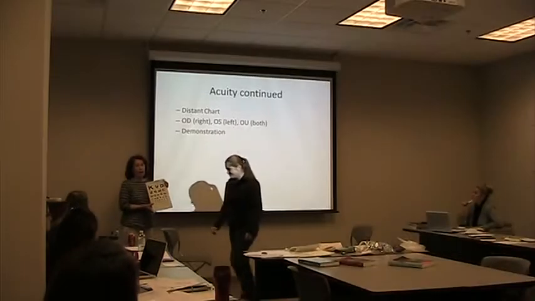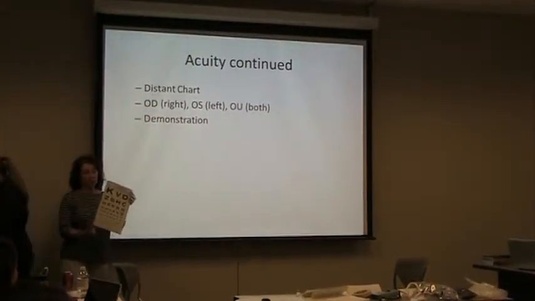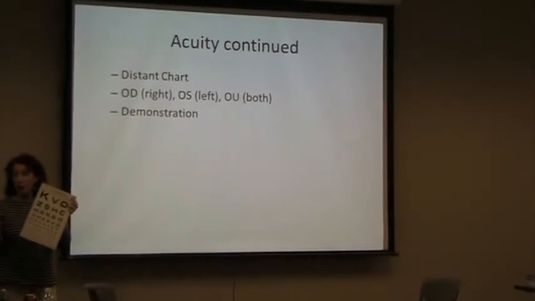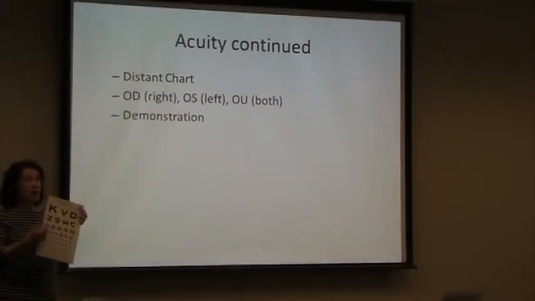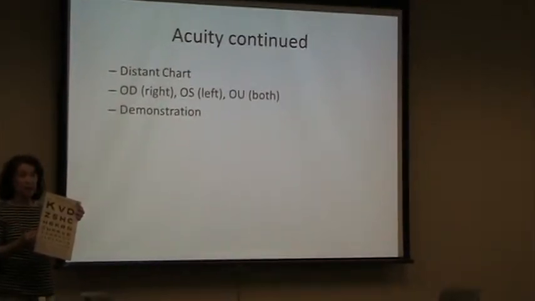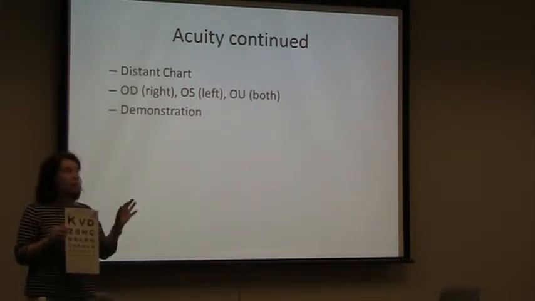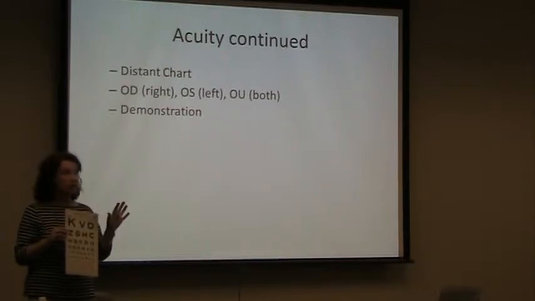So if you have somebody who can see pretty well with each eye, and then they're using both eyes together and they cannot see, that would tell you what? Each eye is good by itself, but together it just ain't working.